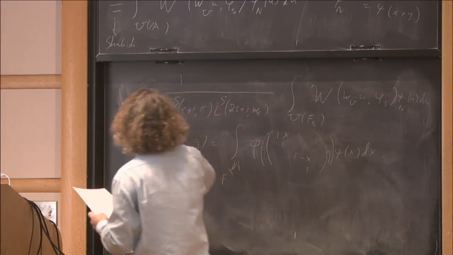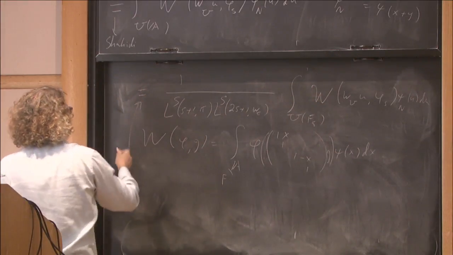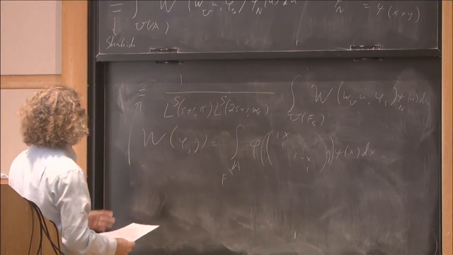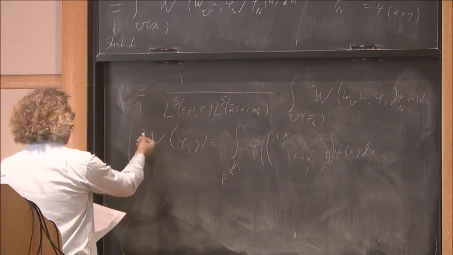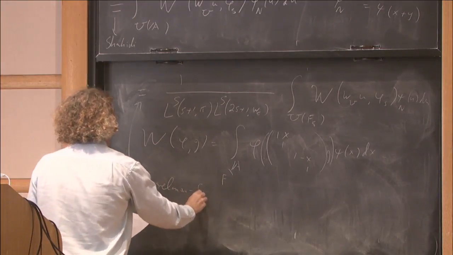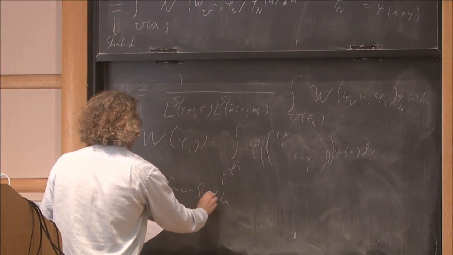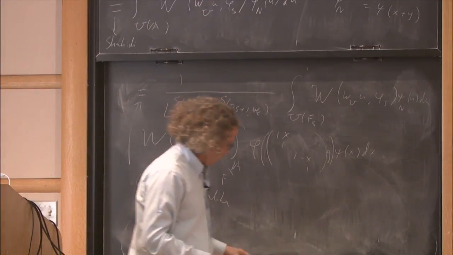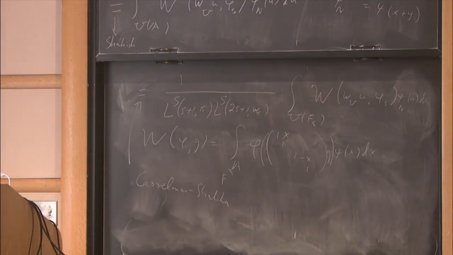I should say, actually, Shahidi, of course, writes it in his paper, but the real computation here is Casselman and Shalika. The formula for the Whittaker function, it all comes down to that.